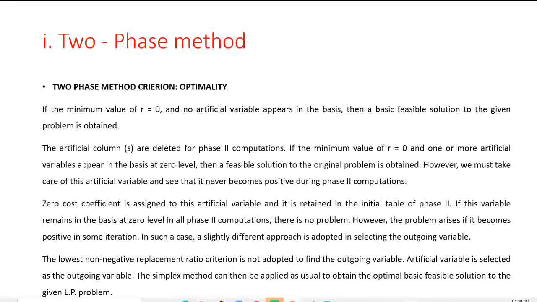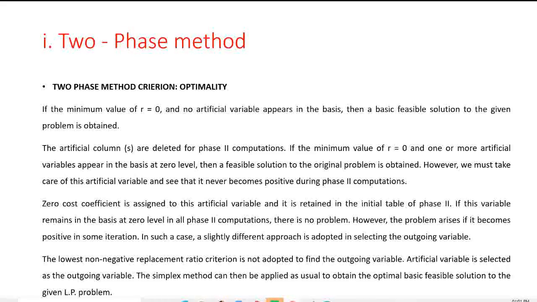So in phase 2 we remove all the artificial variables and perform operations similar to the simplex method. If the minimum value of r equals 0 and one or more artificial variables appear in the basis at a 0 level, then a feasible solution to the original problem is obtained.